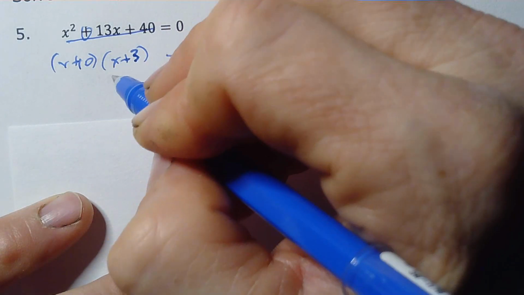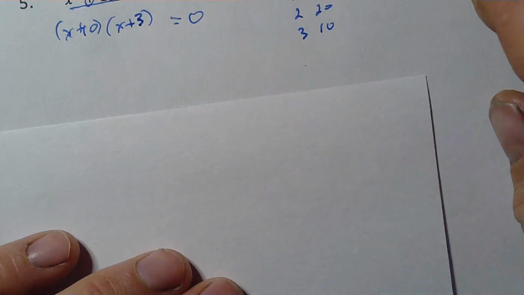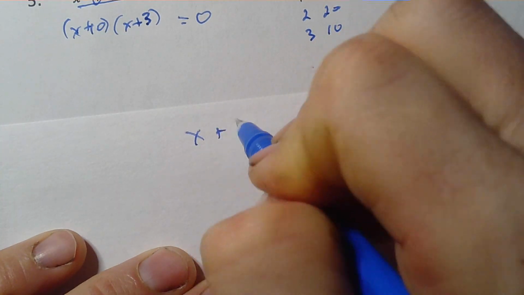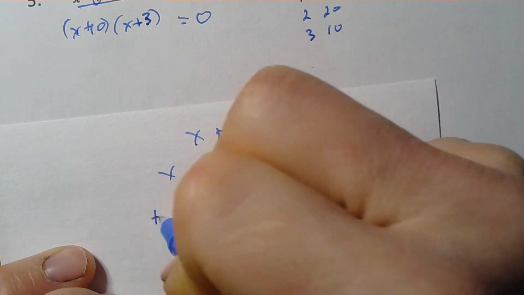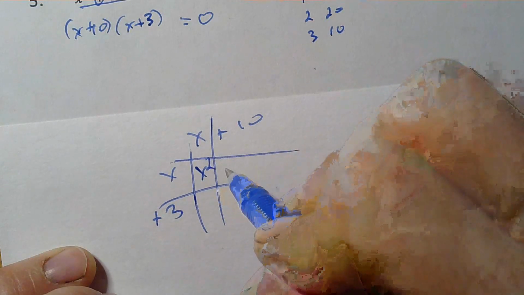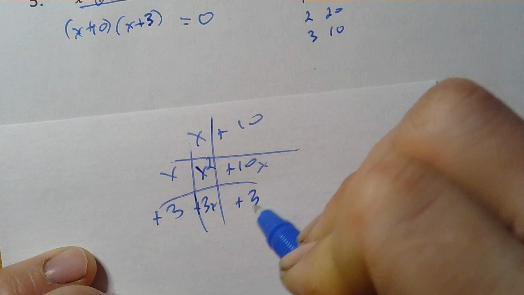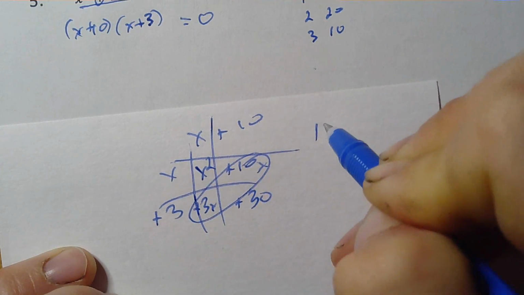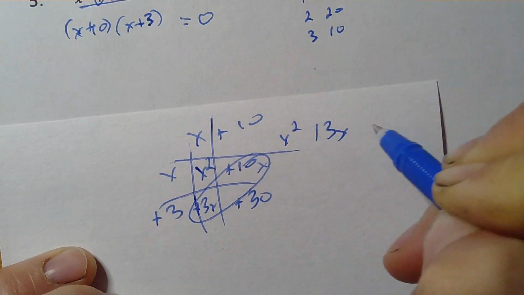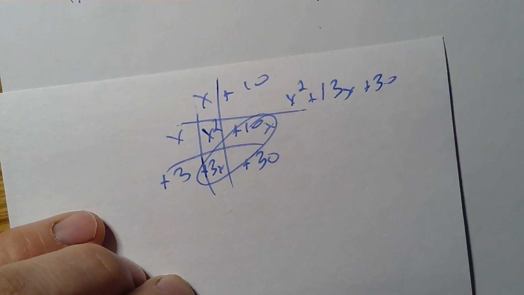And if you FOILed this out, we do this a million times, x plus 10, x plus 3, is x squared plus 10x plus 3x plus 30. These combine to make a 13x with x squared in the front and plus 30 there. That should be automatic by now.